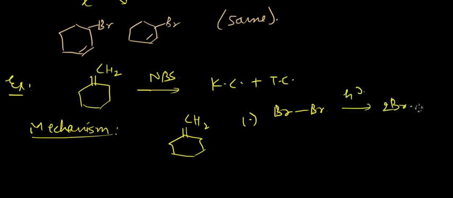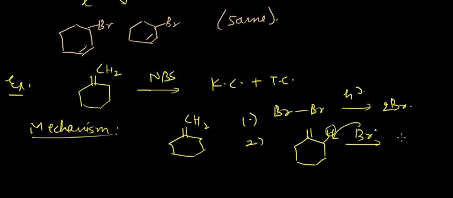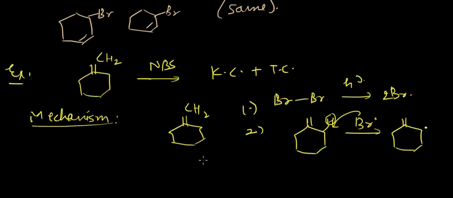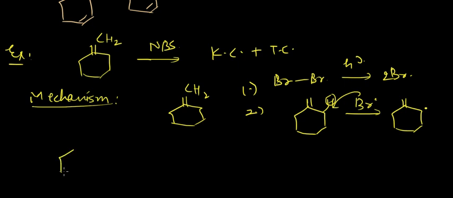Okay, next, in the second step, obviously this alkene would be passed on with Br dot, and it will take the H dot from the alkene, and as a result we'll be getting a dot here. Now this dot is in the intermediate state.